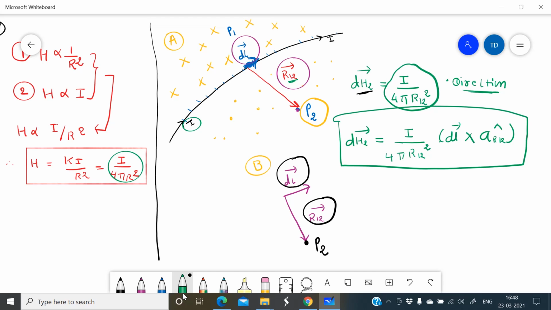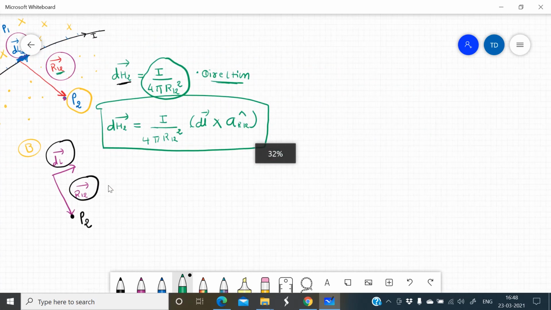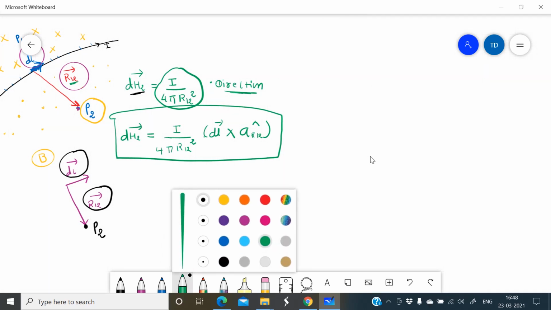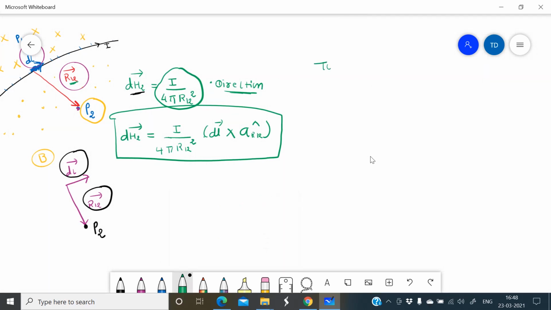So this is the magnetic field intensity at point P2 due to this small differential length, but we want to find out the field intensity due to this whole wire. For that I have to just take an integration. So the total magnetic field at point P2, the H2 vector, is equal to the integration of dH2.